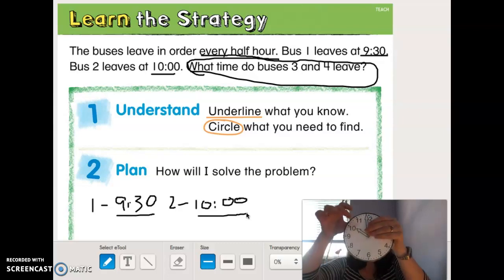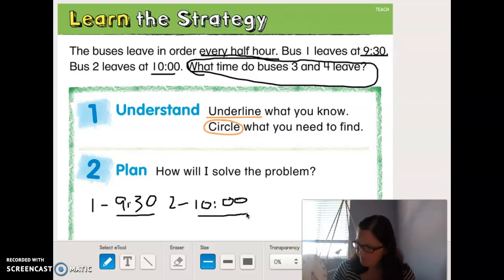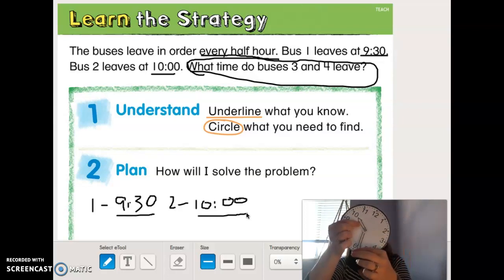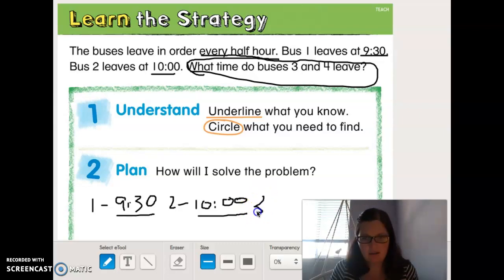Okay, so what would be a half an hour after 10 o'clock? That's what I have to find out for bus 3. These hands don't stay very well. So half an hour after 10 o'clock, my minute hand would move half an hour down, which would be 10:30. So that would be bus 3, at 10:30.